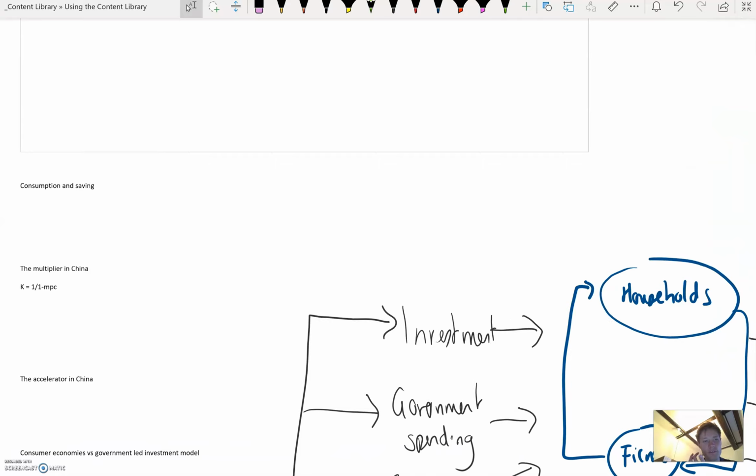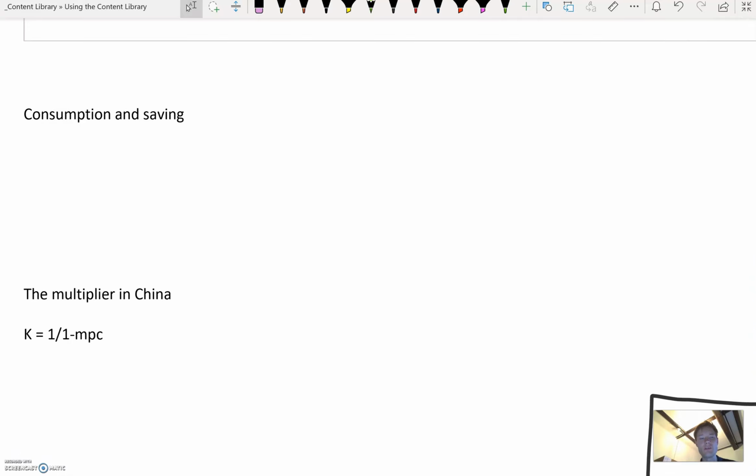Let's get into some theory and look at some of the implications of what we're talking about. So firstly, in order to understand some of this, we need to understand the relationship between consumption, that is domestic expenditure on domestic goods and services. So in China, consumption is Chinese consumers buying Chinese produced goods and services. If they're buying American goods and services, then that is an import. And saving. Now saving is where you take some of your income and you put it in the bank so you can use it later.